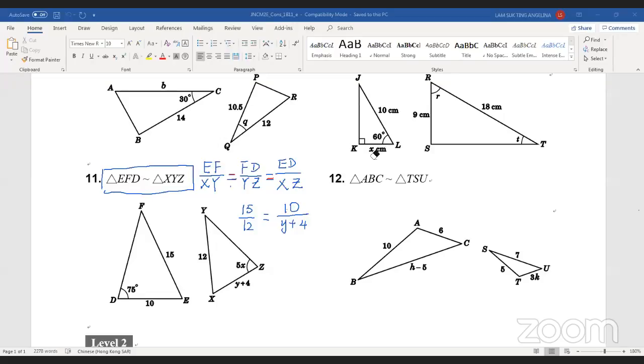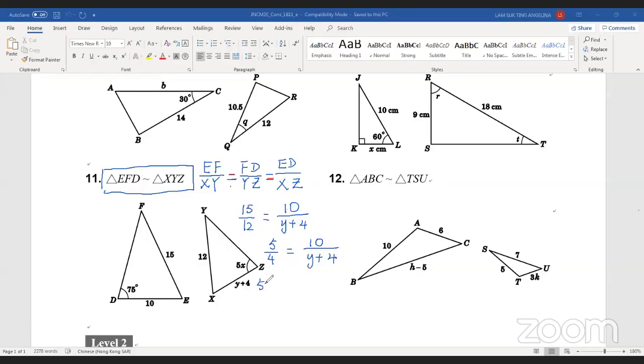Now, in this case, you can try to do some cancellations before solving the equation. We can cancel 3. Therefore, 5 over 4 equals 10 over Y plus 4.